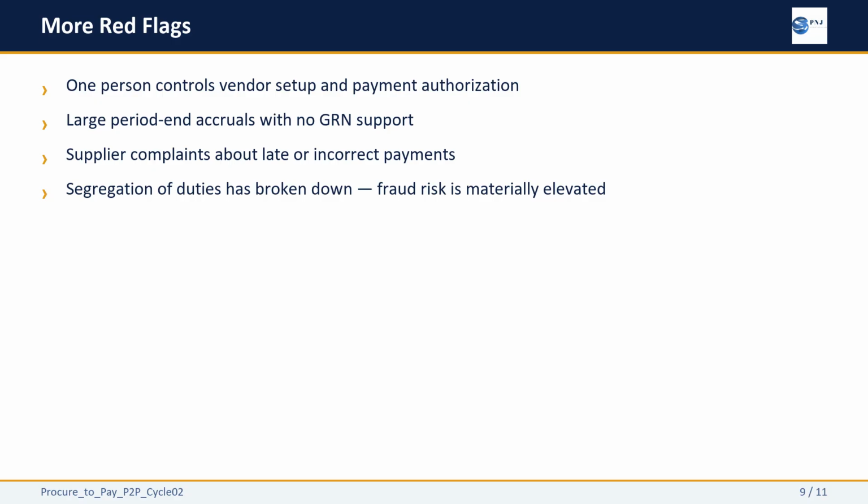This is an accounting accuracy problem and an audit red flag. Supplier complaints about late or incorrect payments mean the AP process is visibly failing. Credit terms may be at risk, and the supplier relationship is being damaged. These are not hypothetical risks. They are the observable signs that a control framework has failed, and they need an immediate advisory response.